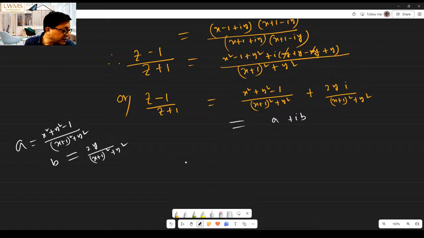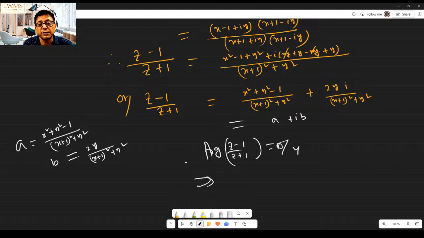So once you get this, they ask you to take the argument of z minus 1 by z plus 1 equal to pi by 4. That is tan inverse b by a equals pi by 4. So b by a is tan pi by 4, this is 1.